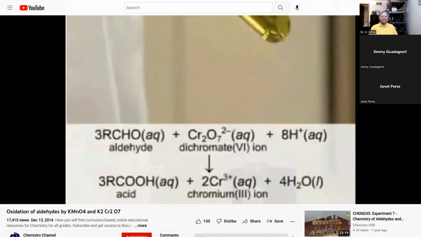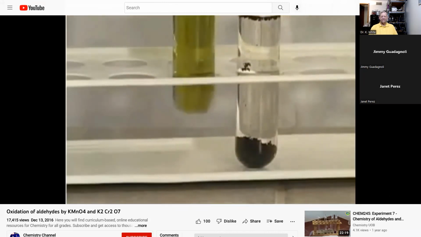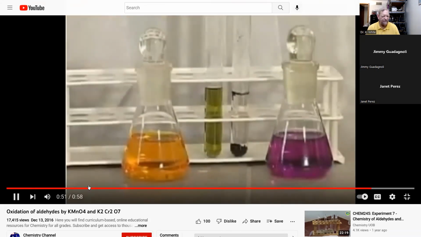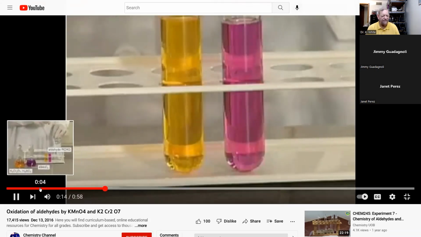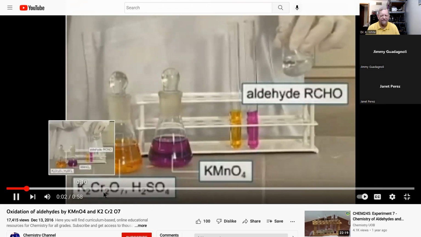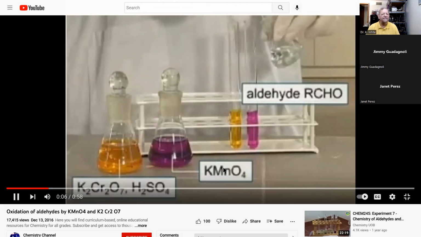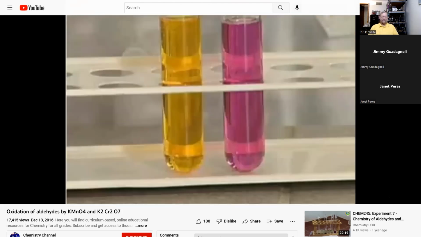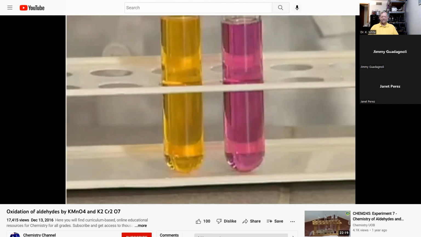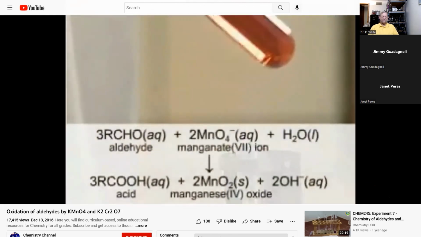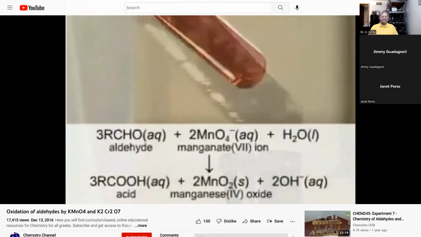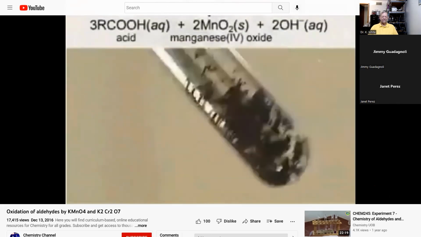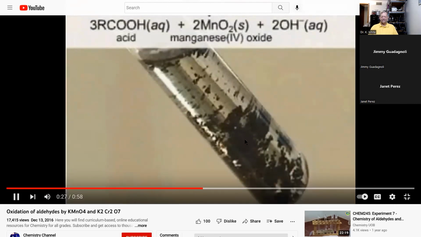The orange color of the dichromate 6 ions changes to green, which is characteristic of chromium 3 ions.